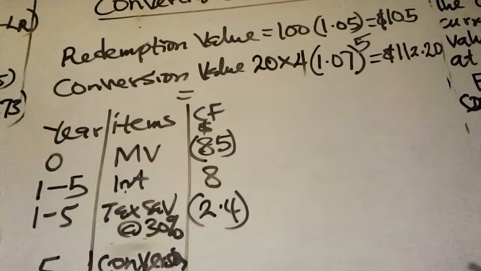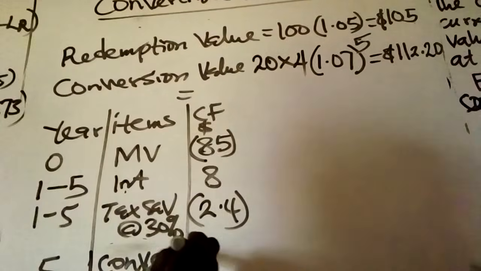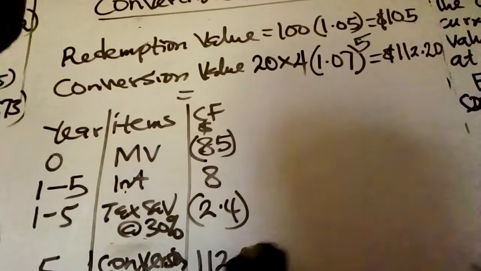You calculate 30% of the interest, 8 times 0.3, that will give us 2.4. So we treat that as an outflow. At the end of 5 years, you now have the conversion value. It will be converted to shares, and the value is 112.2.